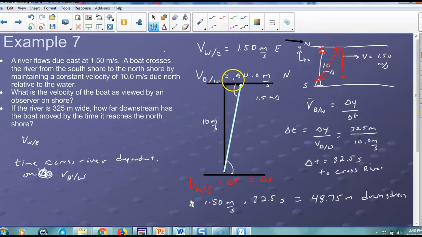And our velocity here is 1.5 meters per second. So our theta, which is going to be here, theta then is equal to the arc tangent of 10 over 1.5.